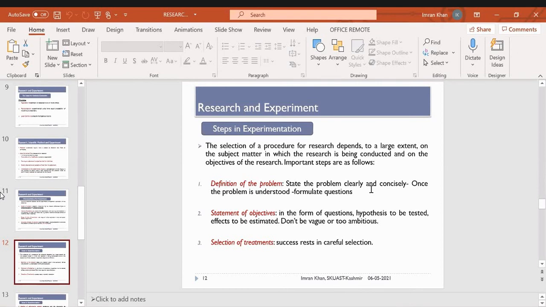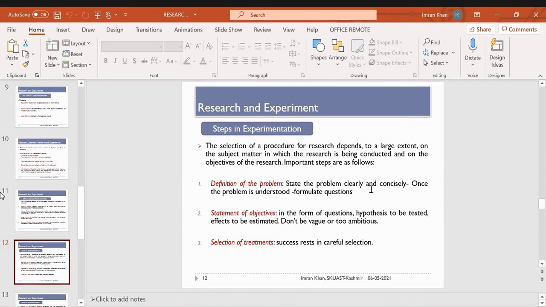Once your objectives are clear, based on them you need to formulate your questions, knowing what variables and what observations you are going to study. So that's the first step in starting the experiment: you need to define your problem clearly.